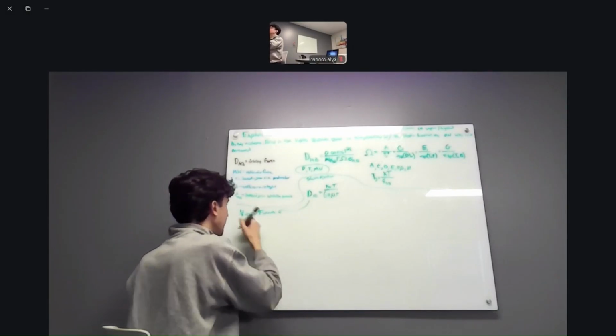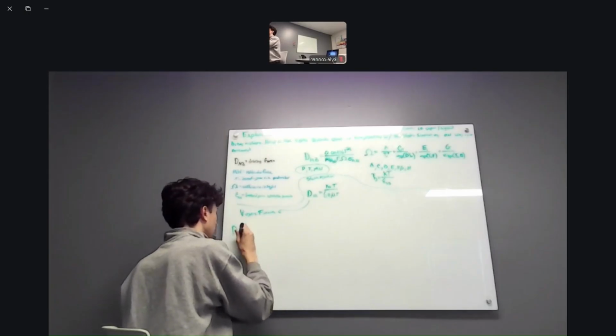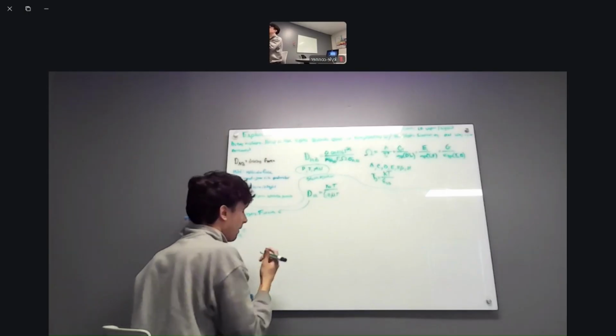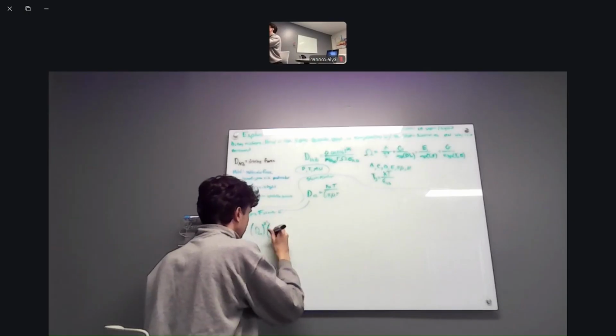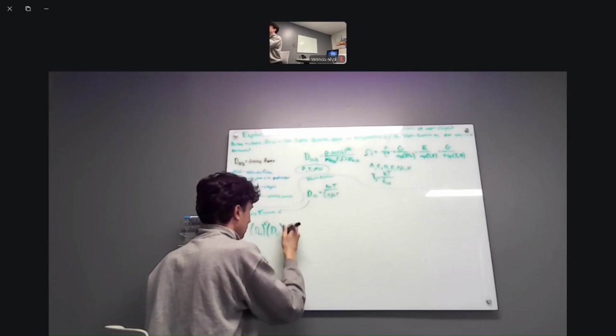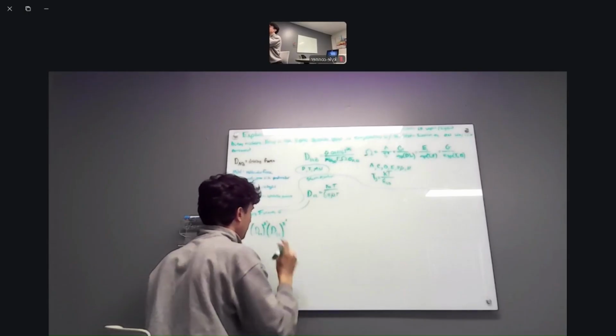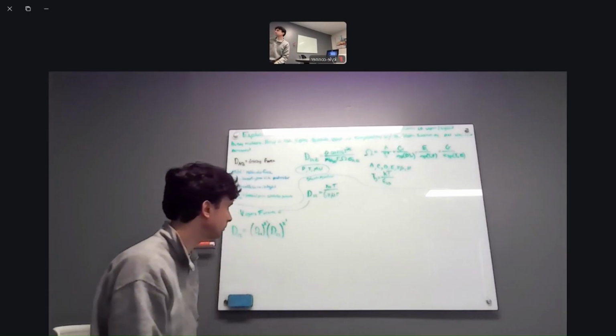This is connected to that, which gives us D12 is equal to the diffusion coefficient of 1 and 2 multiplied by our diffusion coefficient of D21, and then times our mole fraction of x1.